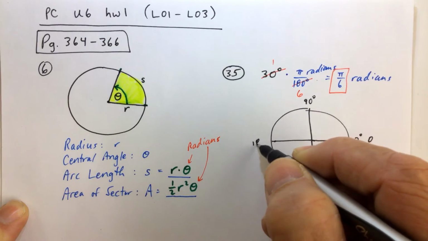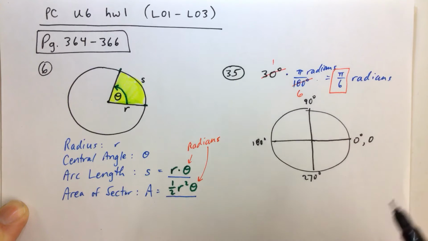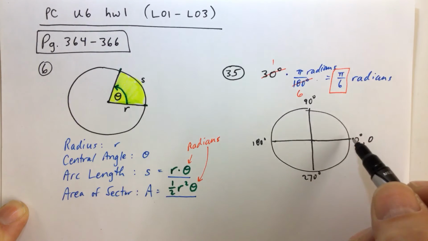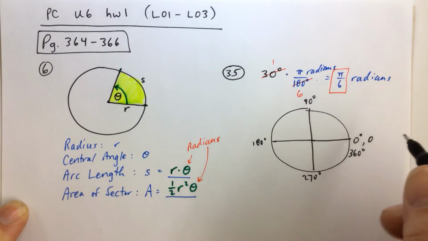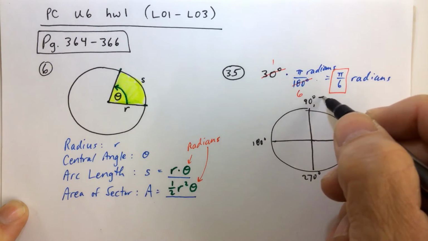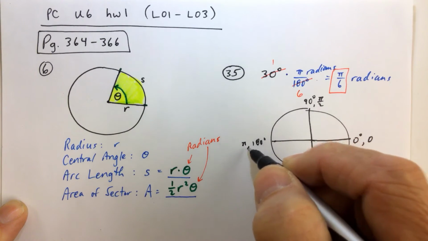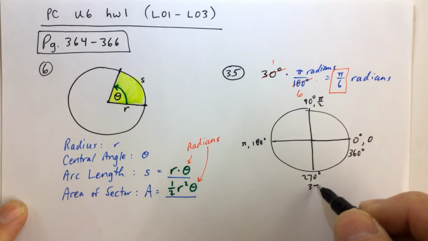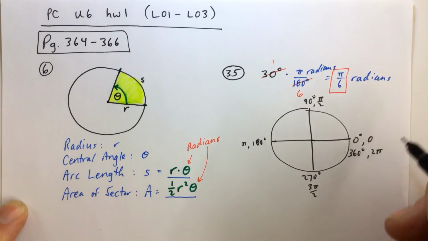If we make our way around the unit circle, we see the different degrees all the way around to 360 degrees. As you may remember, 90 degrees is pi over 2 radians, 180 is pi radians, 270 is 3 pi over 2 radians, and 360 degrees is 2 pi radians.